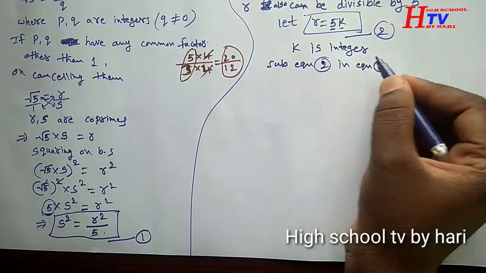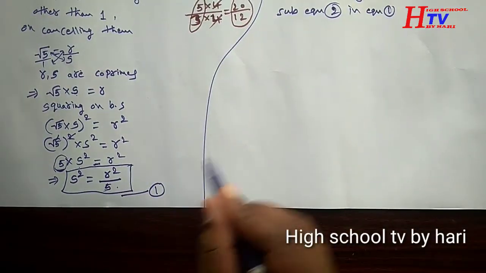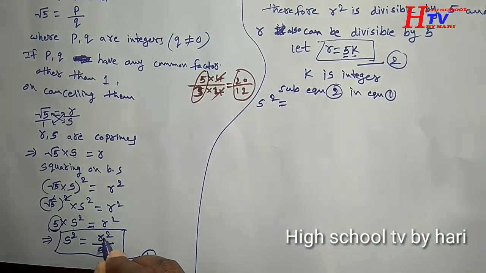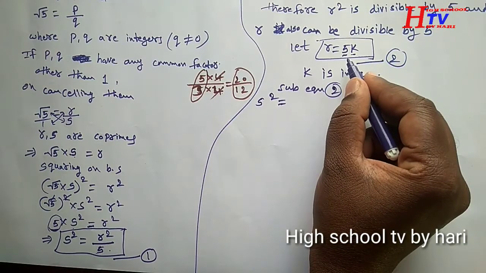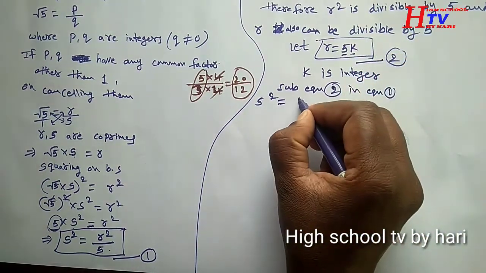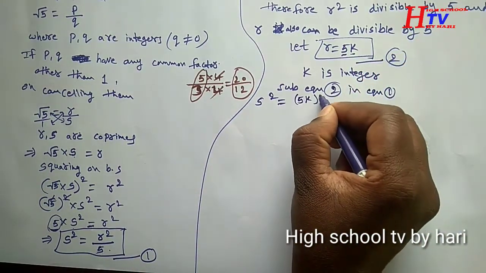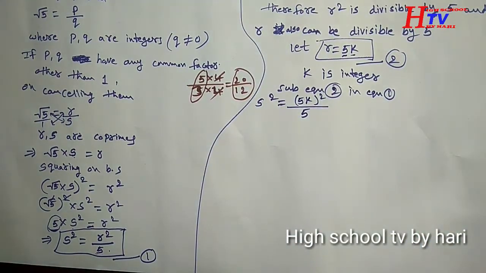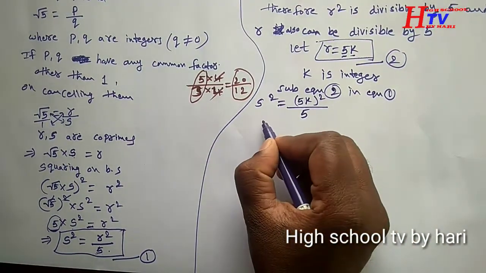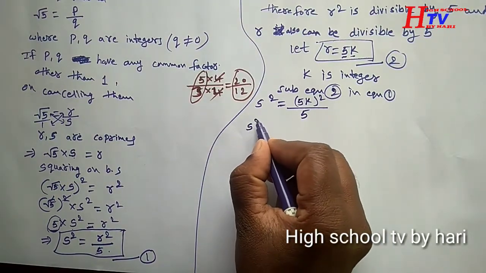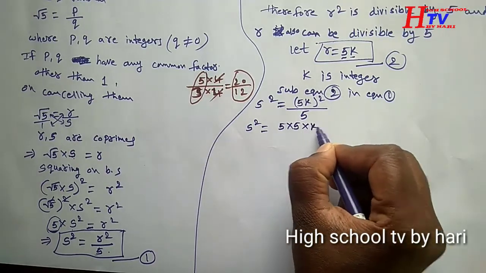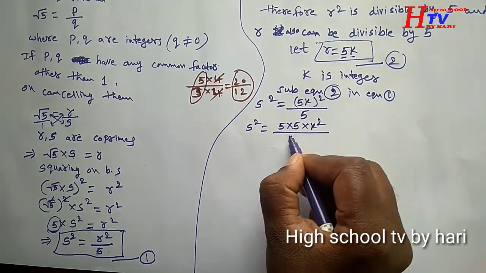Substituting equation 2 in equation 1, s square is equal to r square by 5. In the place of r I am substituting 5k: 5k whole square by 5. This s square is equal to 5 into 5 into k square by 5.